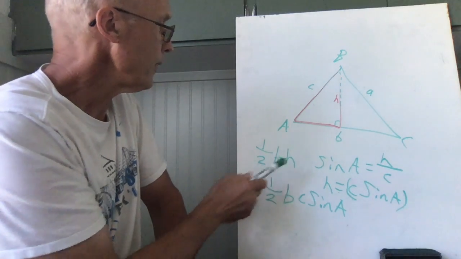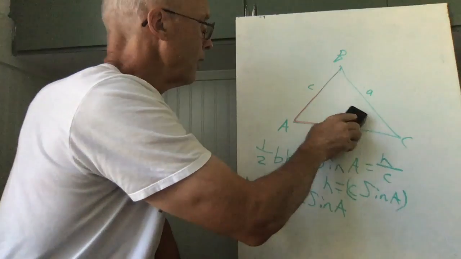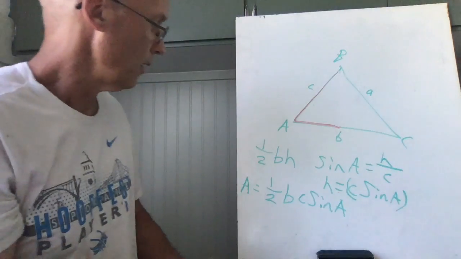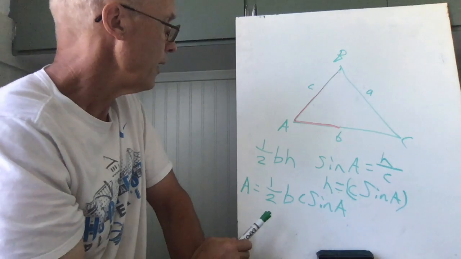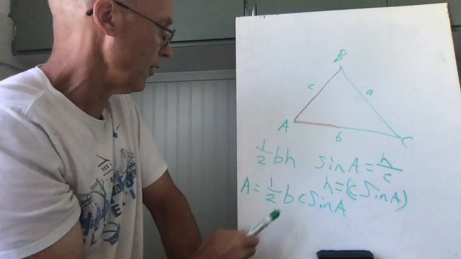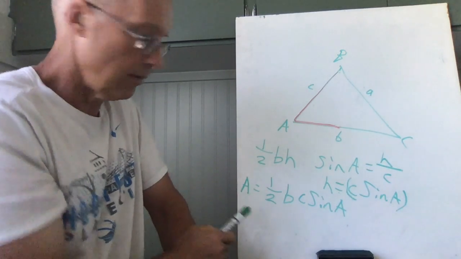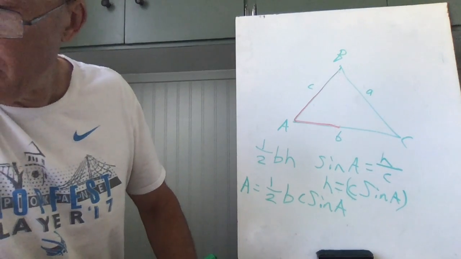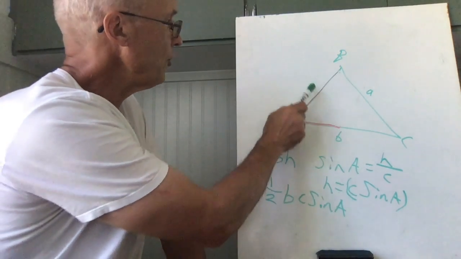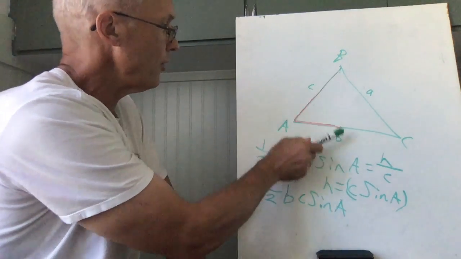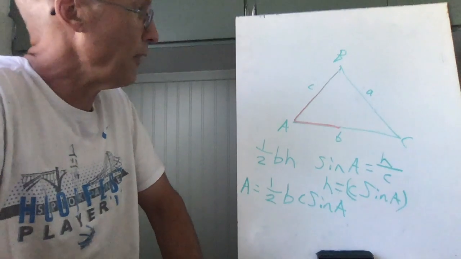So, look at this whole entire triangle. Here's angle A. If we want to find the area of this triangle, find sine of A, multiply it by the two sides, the two legs on either side of that angle, so B and C, and then take half of that.